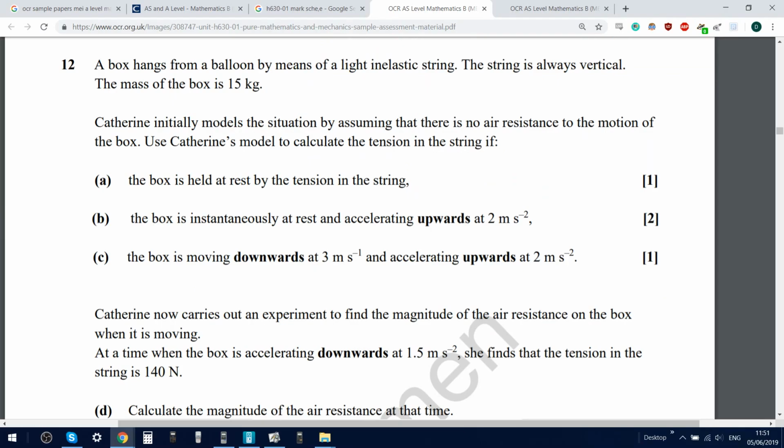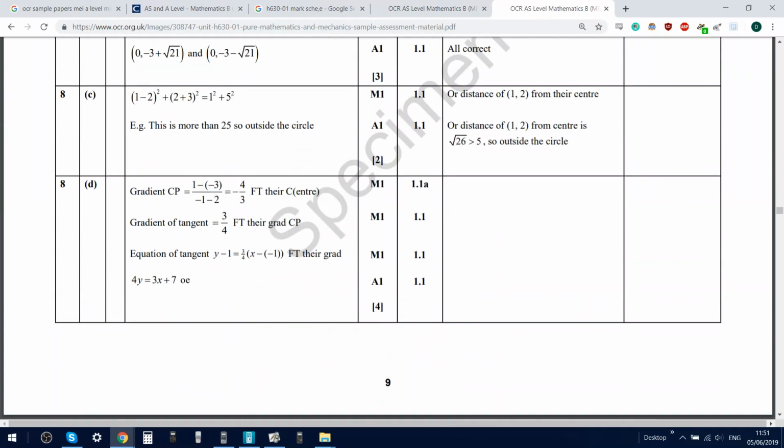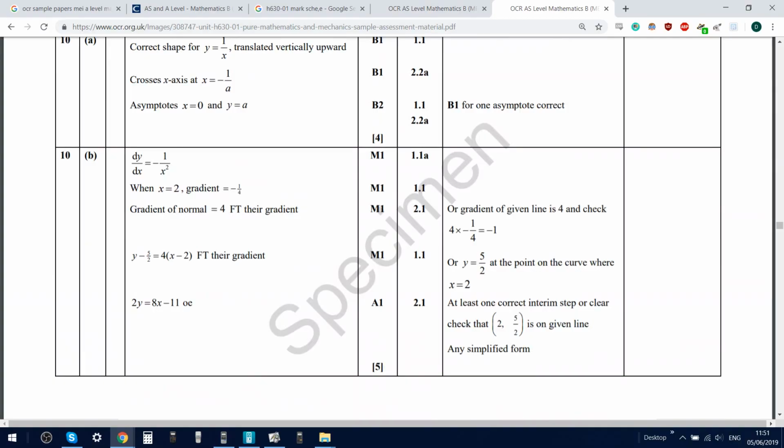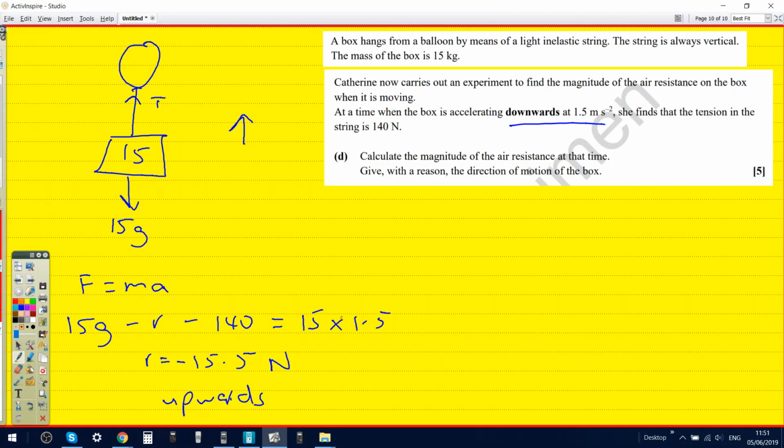But since the air resistance is negative, that means it's going against the direction we originally thought, right? Oh yeah, I see what you're saying. So it's minus R. So 15G is acting downwards. If R is acting downwards, then the box must be going upwards because it acts against the motion.